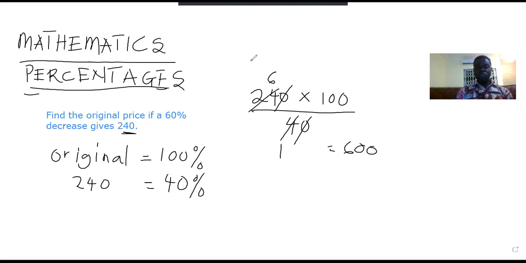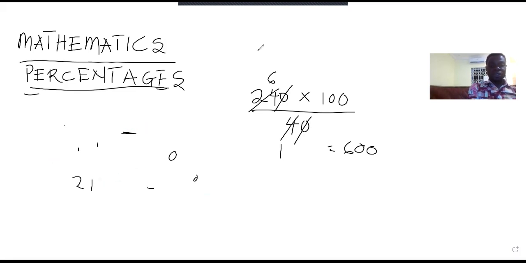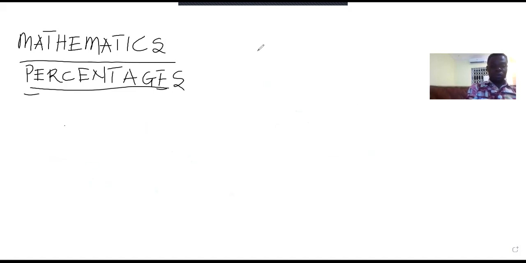Before we close the lesson, a quick review of what we've done. To find a percentage change in any given quantity, first of all, find the change.